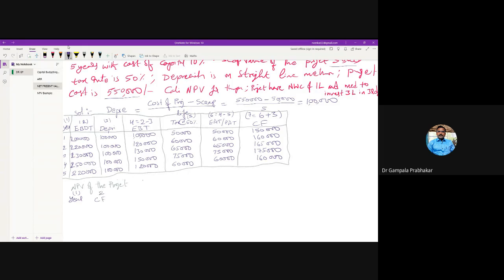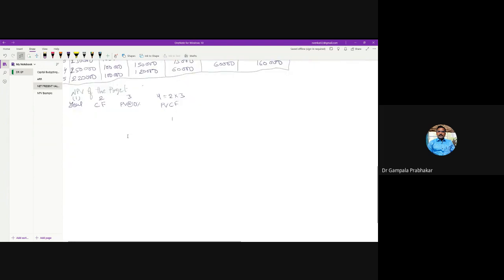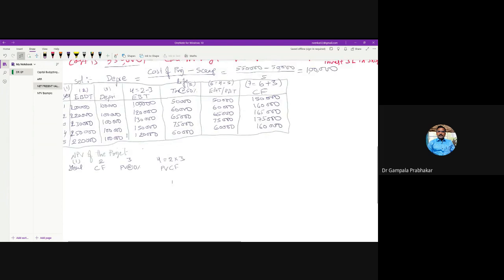Third column is PV at 10%. Fourth column is 2 into 3, that is present value of cash flow, right? So here let us add those numbers.